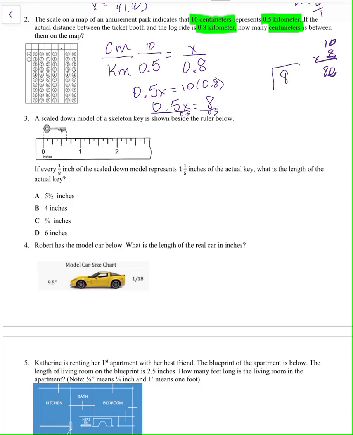Numerator in, denominator out. You do your neato. So 8 divided by 5/10. You have to move your decimal over. 5 goes into 8 once. And 5 goes into 30 6 times. So it will be 16 centimeters on the map.